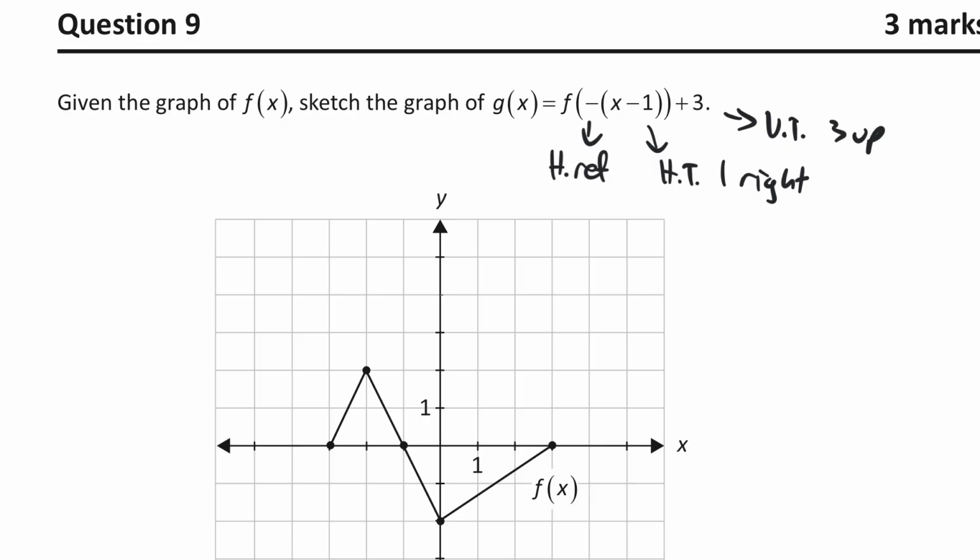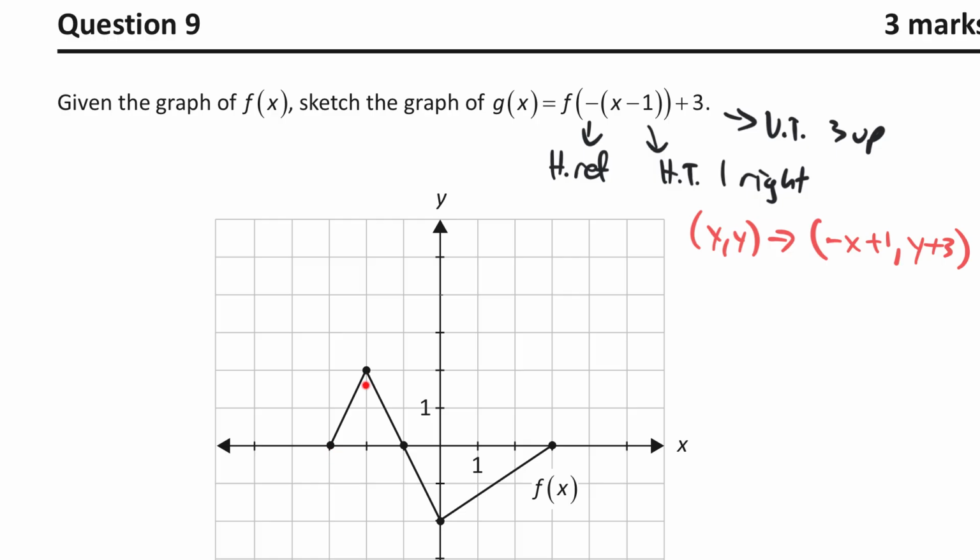So what this means is that for our x and y, we're going to have to take the x values and multiply them by -1. So we're going to have to take those x and make them -x, and then add 1 to them. For the y, we're going to have to add 3. We're going to have to do this to all the points on our graph.